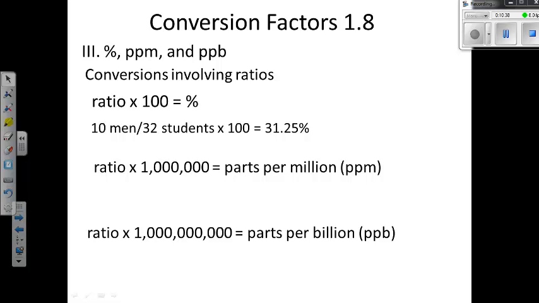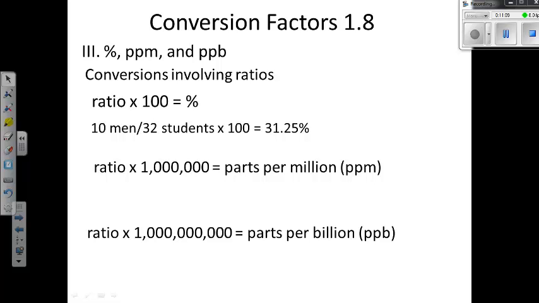Well, something you might want also to consider is percentages, ppm, and ppb. These are conversions that are also used in scientific calculations, so you should know how to handle these. So conversions involving ratios. Percentage is whatever ratio you're looking at times 100, which gives the percentage of that ratio.